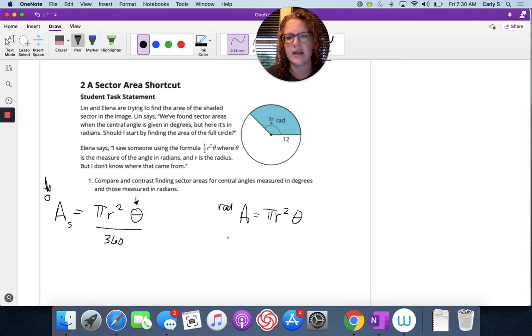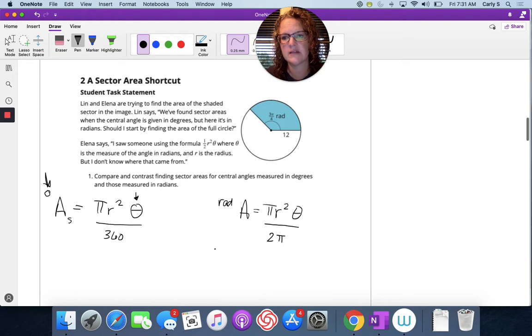And when we're in radians, we take area equals pi r squared times the central angle, but then we divide that by 2 pi, because 2 pi and 360 are equal. 360 is a full circle measured in degrees, and 2 pi is a full circle measured in radians.